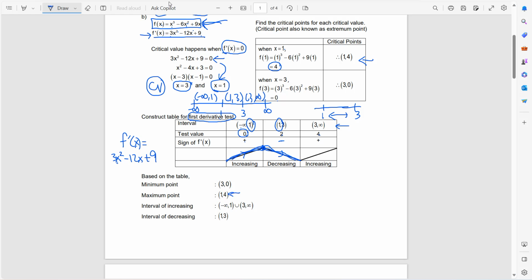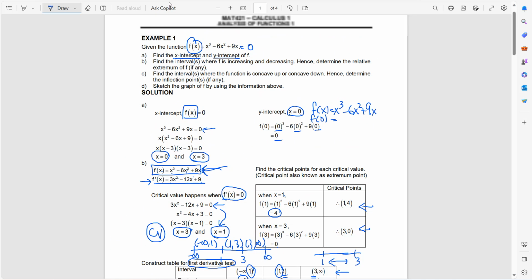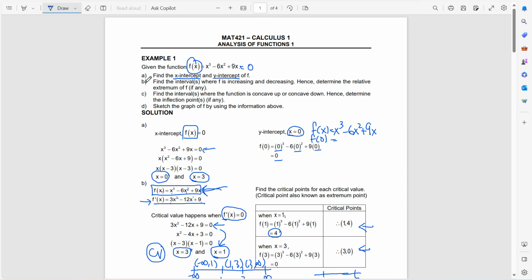And then it's going down like this, and the minimum point happens when x equals to 3. So this is going to be our minimum point. And then we can get the interval of increasing, this one, and then the interval of decreasing, this one. So we have already settled question number 2, question B.